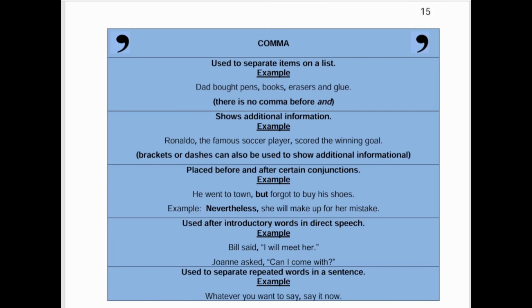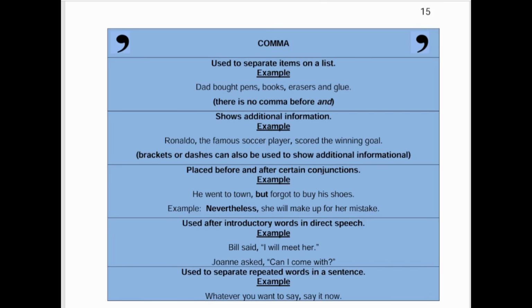For example: Bring pens, books, erasers, and glue. There's no comma before "and". You're not supposed to place another comma after the word erasers.